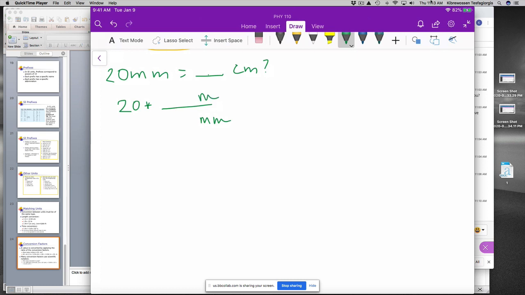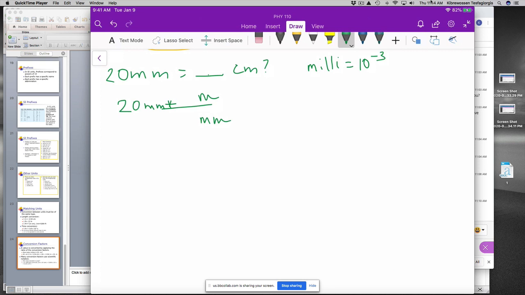In general, milli means 10 to the power of -3. You can replace that milli by 10 to the power of -3, and that's going to lead you to the conversion to the meter factor, and from there you can proceed.